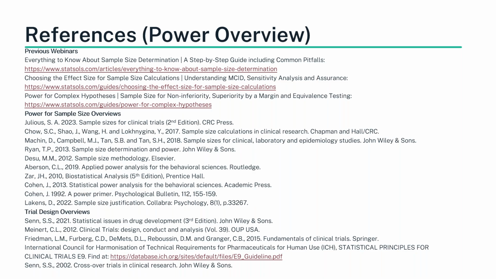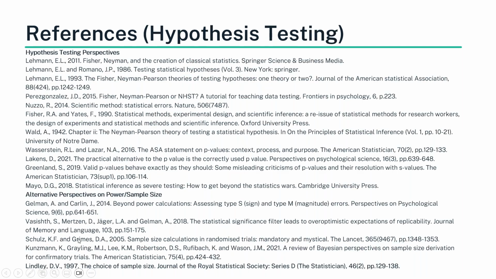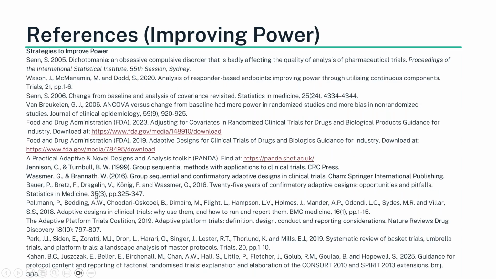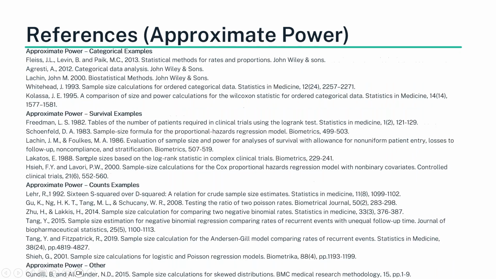As I mentioned, there are references at the end of this webinar, including the previous webinars I alluded to, books if you want to know more about power or sample size, trial design overviews, hypothesis testing perspectives, and alternatives to power and sample size. There are some Shiny apps that have been very useful for understanding this area further, post hoc power and why not to use it, the prevalence of underpowered research in practice, and strategies to improve your power, those things I talked about, like avoiding dichotomania, ANCOVA, adaptive designs, crossover designs, categorical.